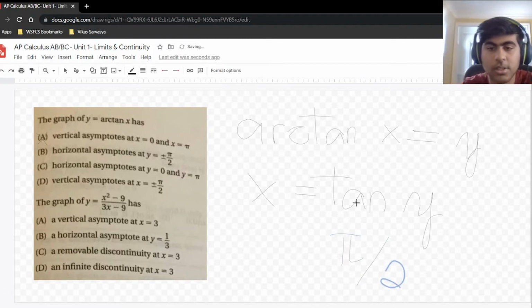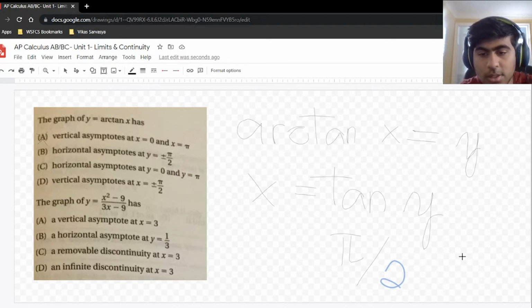Because if you think about it in terms of sine y over cosine y, as we approach pi over 2, sine y becomes 1, and cosine y becomes 0. It's like 1 over 0 again, and that takes us to infinity. So putting y equals pi over 2 would take x to infinity. In other words, if we put x at infinity, we get y equals pi over 2.